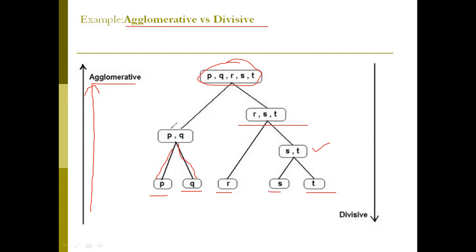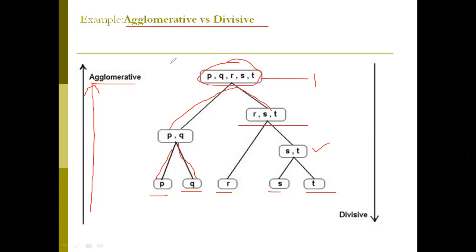Finally, all the data points are grouped into a single cluster. So we terminate agglomerative hierarchical clustering whenever we get the outcome as a single cluster. This is the termination condition of agglomerative, by merging the individual data points into a single cluster.